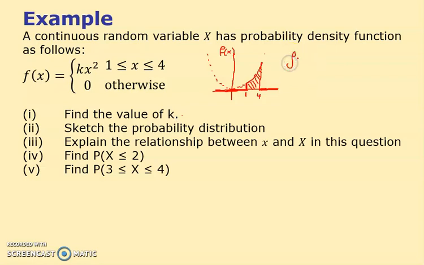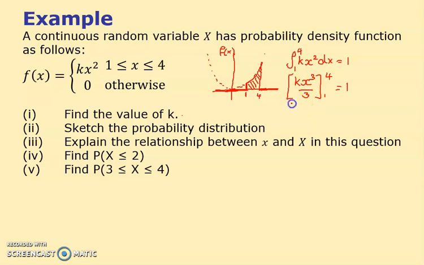So if I integrate kx squared dx between 1 and 4, my answer has to equal 1, because the area is always equal to 1. That's my function. So if I integrate that, I add a power and divide by the power, between 1 and 4. And I know that's equal to 1.